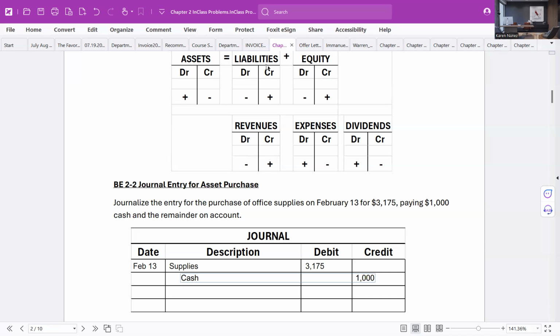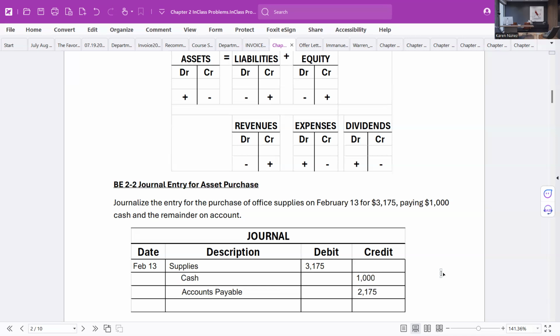Accounts payable is a liability. The way we increase our liabilities is by crediting them. So we should see here a credit to accounts payable, right? And accounts payable is going to be for the difference. It's going to be for the 2,175. And that's our entry.